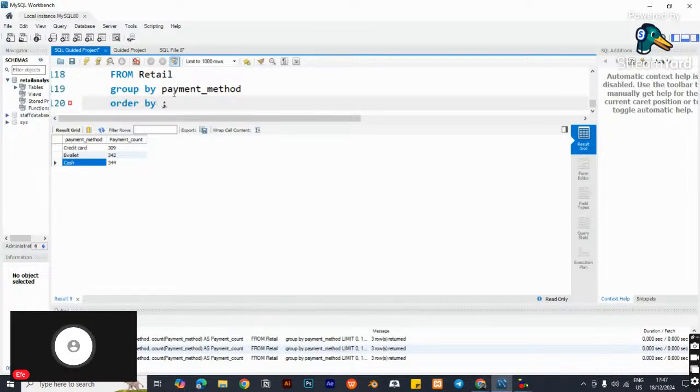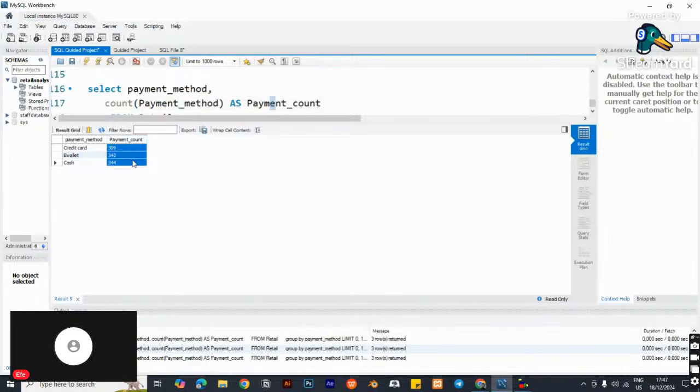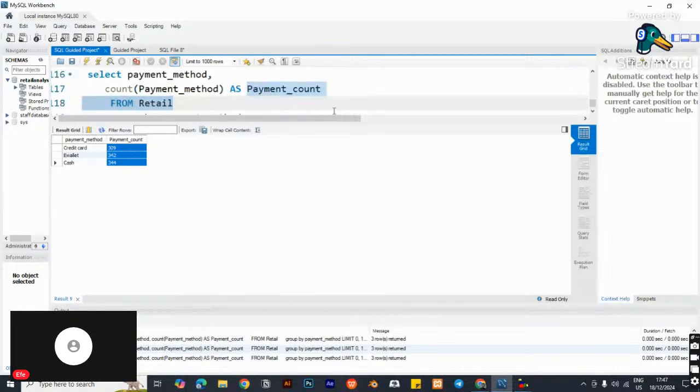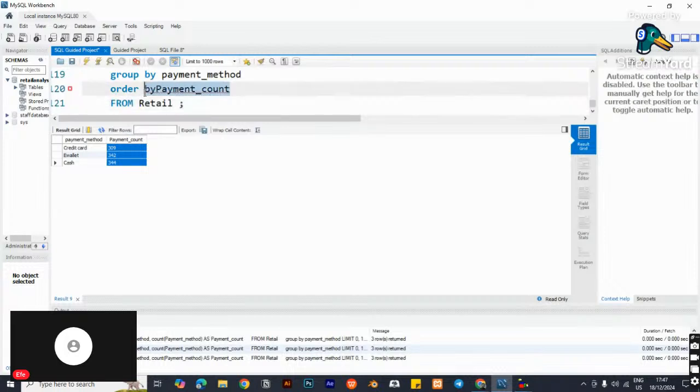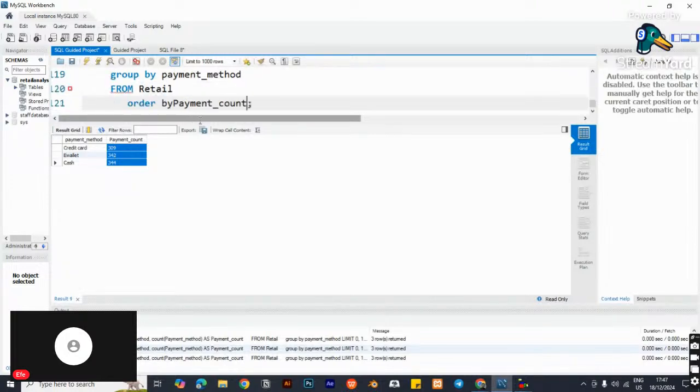This time we're going to order by payment count, because it's the count column we want to order. So we say order by payment count.